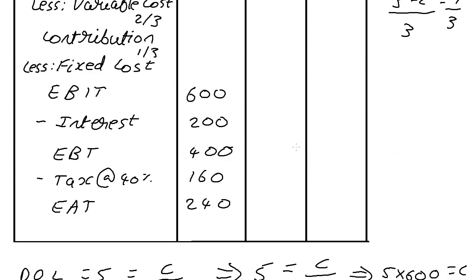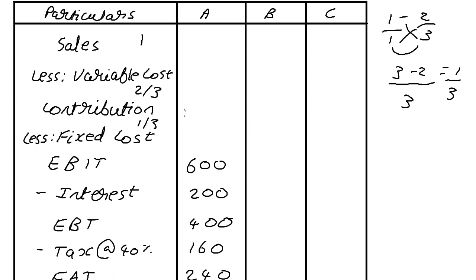Now that I have this, life becomes very easy because I have reached over here. If I've got 3000 over here, the difference between these two is going to give me 2400, and in that way, 3000 minus 2400 gives me 600.